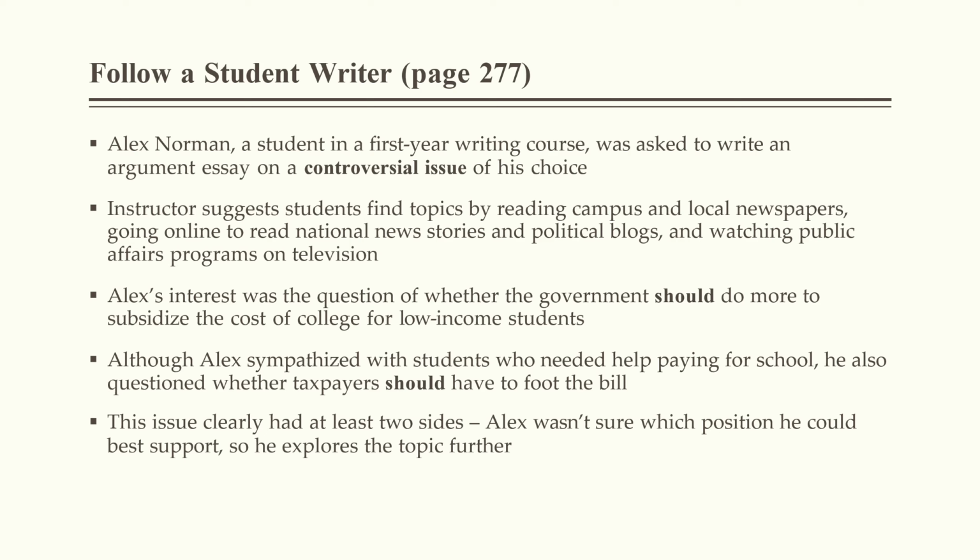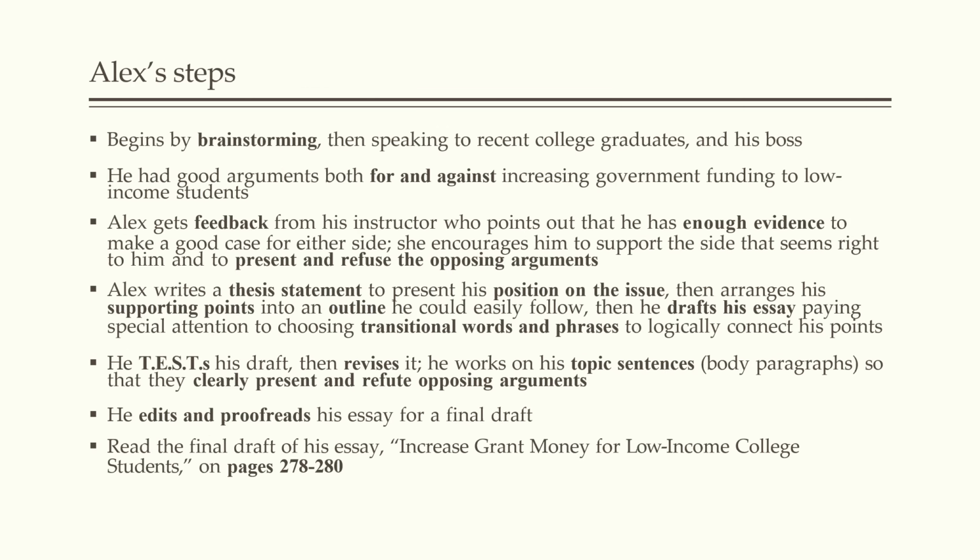But he realized that nothing is free, and so if the government is doing it, that means that other people's taxes are used for those people. And he wasn't sure which. He's saying, well, on one hand, it could help the people who wouldn't be able to pay for college. On the other hand, it makes life more expensive for everyone.